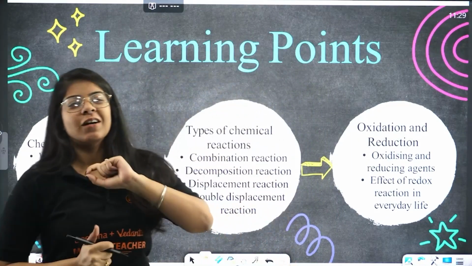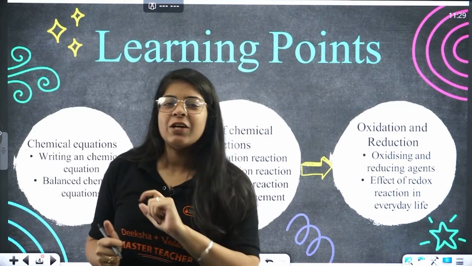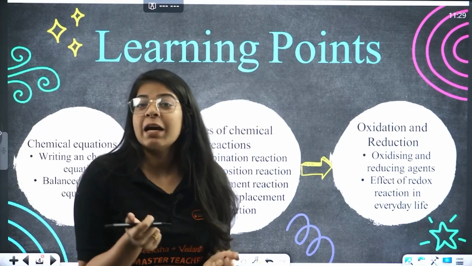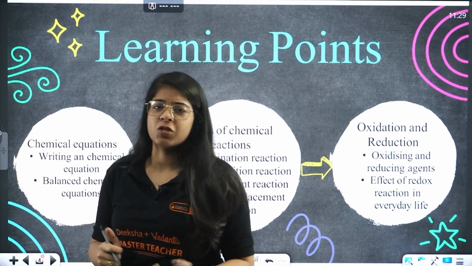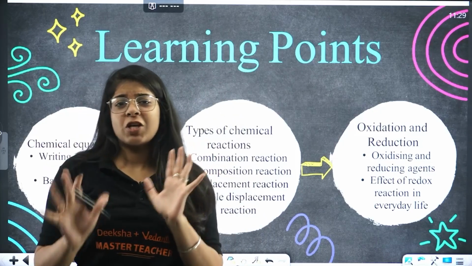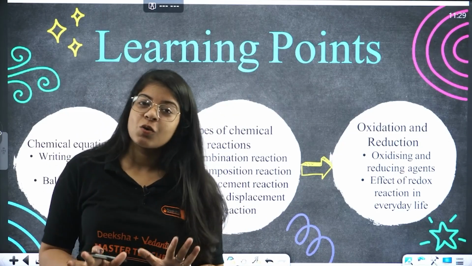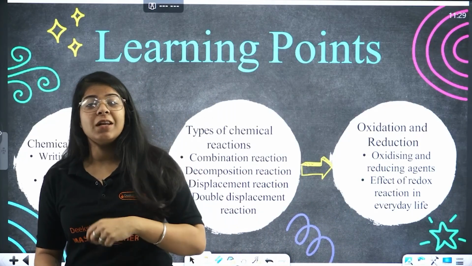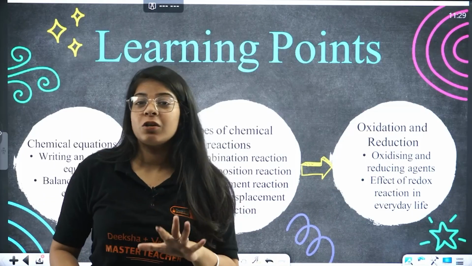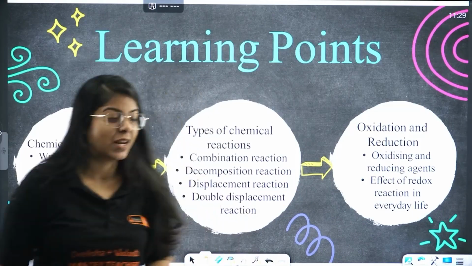I have already put a video for how to write chemical formulas, and soon I'll be putting out the video of how to balance these chemical equations. I will share that in this video also, but you can watch that as well. I will make sure that you practice all those chemical formulas in those videos, and balancing as well.